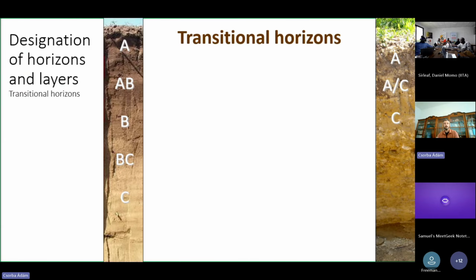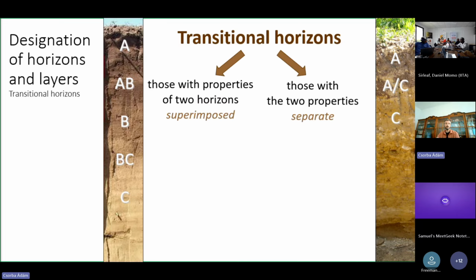So these were the master horizons: A, E, B, C, and R. Sometimes it is necessary to combine these letters. This slide explains the so-called transitional horizons, and this is one of the topics that can cause confusion in the field.